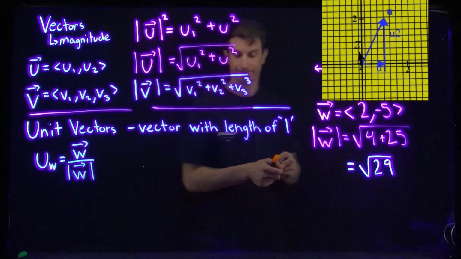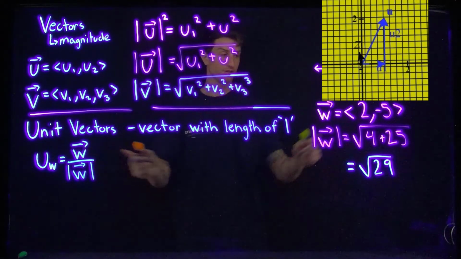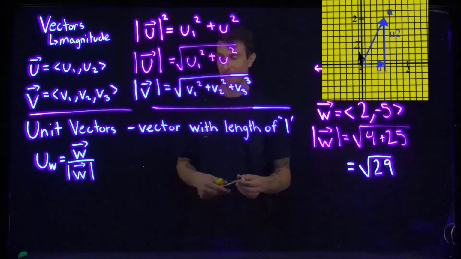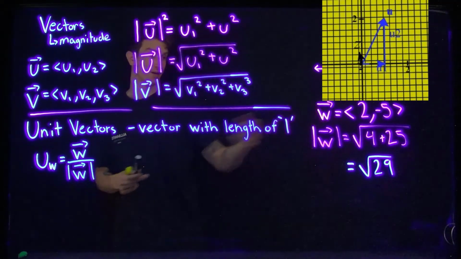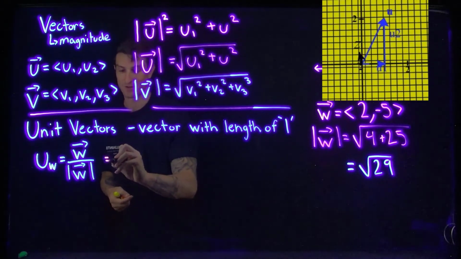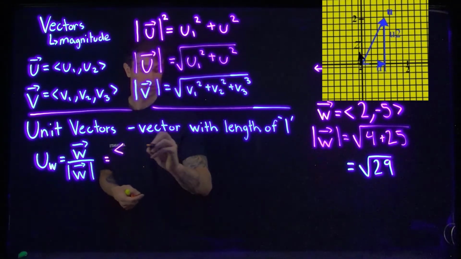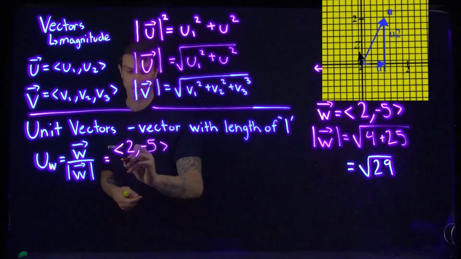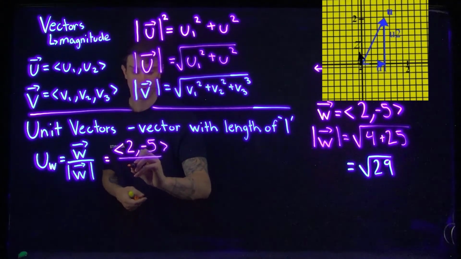That's it, right? Take your vector and divide it by the length of itself, and you should have a unit vector. And let's go ahead and check, since we already have it. This is going to be 2, -5, all divided by square root of 29.